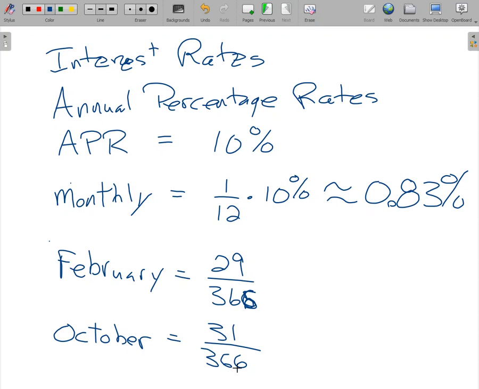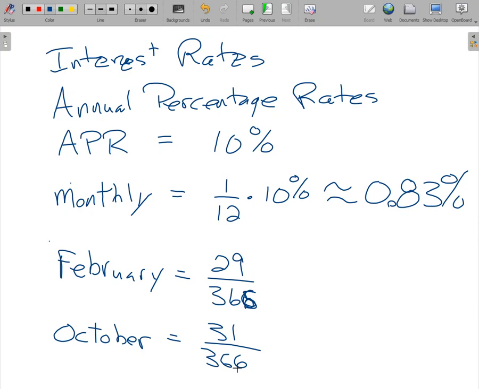Do you know why they could do 360? Because some people argue that on average, each month is about 30 days, and 30 times 12 is 360, so let's just say there's about 360 days in a year. So legally, in the denominator, they could use 360 days, or 365, 366 on leap years.